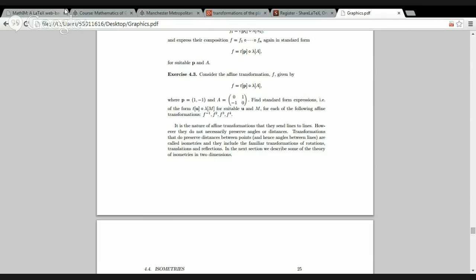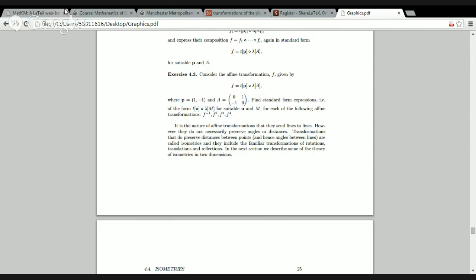So for inverses, we can give ourselves 2 points x and y in the plane, and we can say, suppose that f inverse of x is equal to s, say, and f inverse of y is equal to t. We need the inverse function to exist for this, of course.